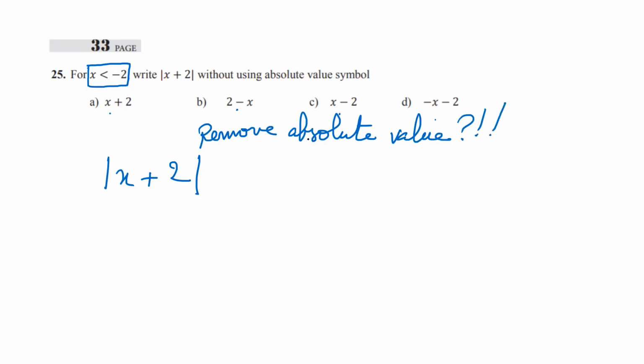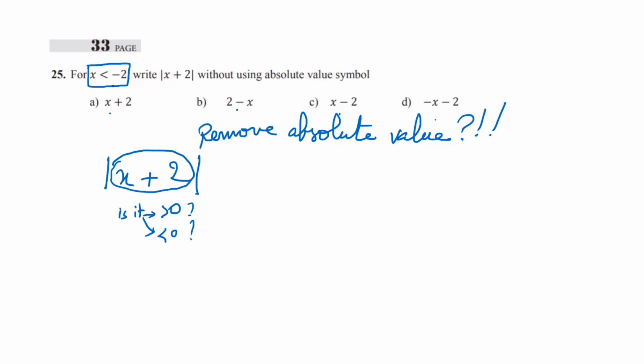To remove absolute value, we check the sign of the expression inside the absolute value. Is it positive or is it negative? To know this, when x is less than -2, is x plus 2 positive or negative?